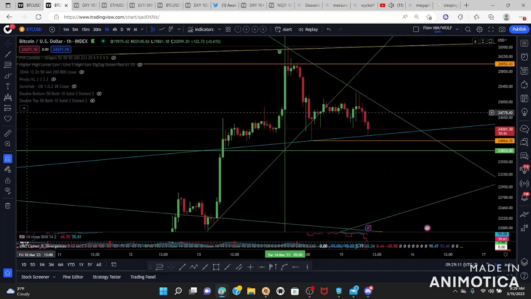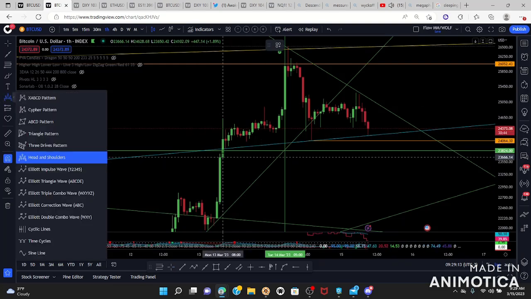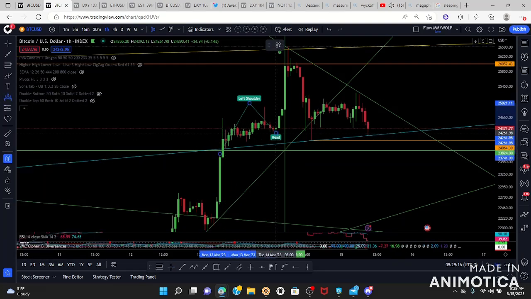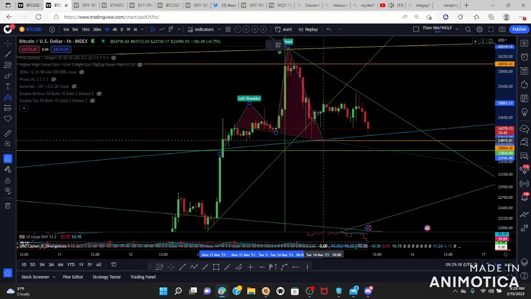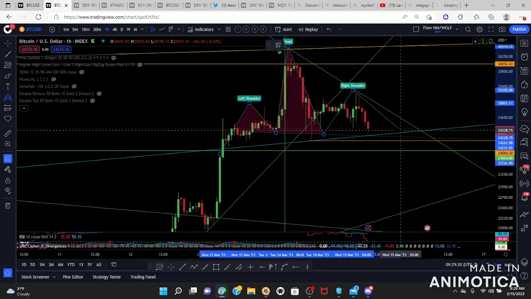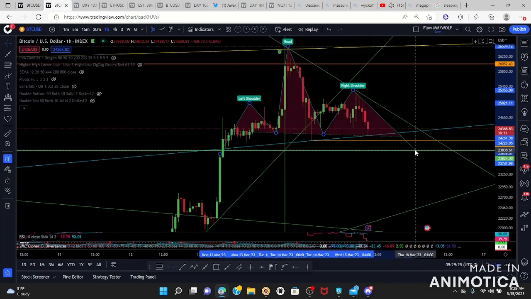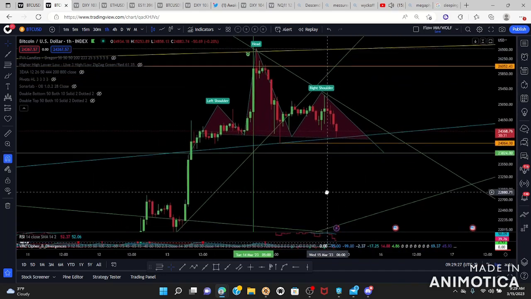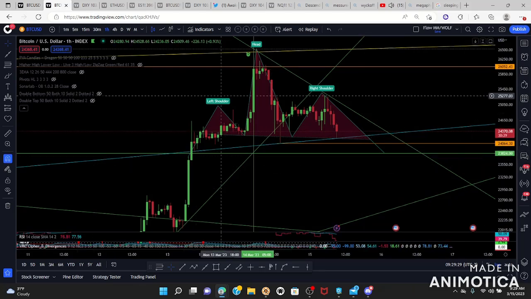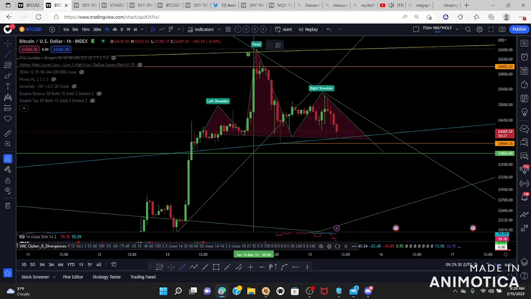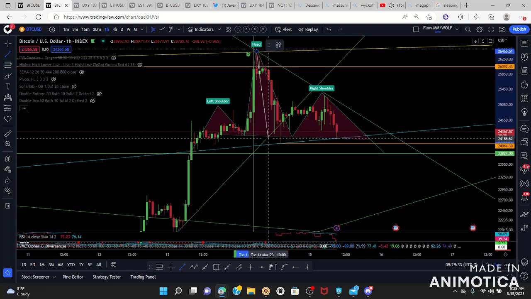Right? And then we have a head and shoulders play here. So that could be a possibility. So if we break this neckline, right, we're going to have a measure move.